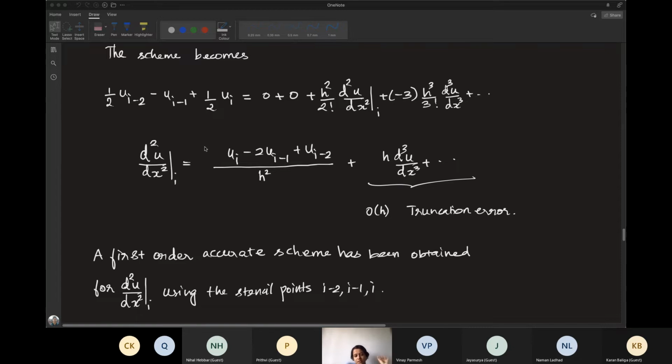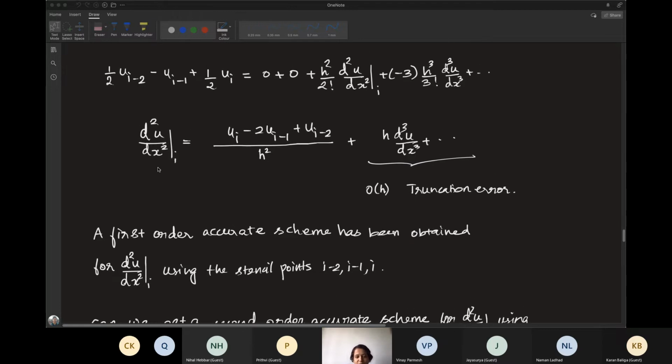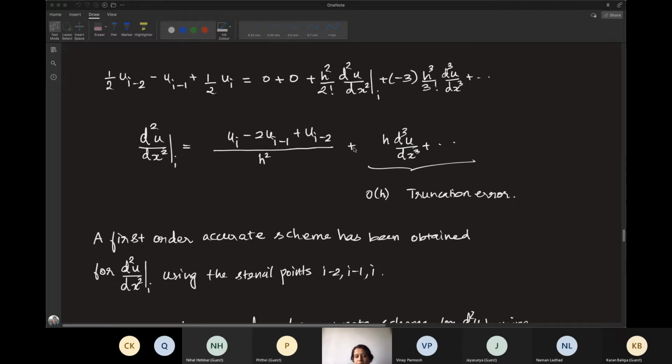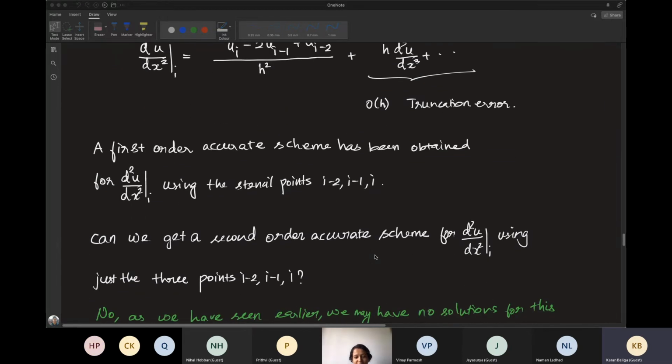So now for approximating d squared u by dx squared, can you improve the accuracy further? Is it possible for you to make it order h square and so on here? No, ma'am. Okay. Why?